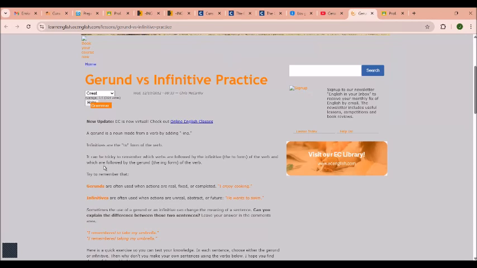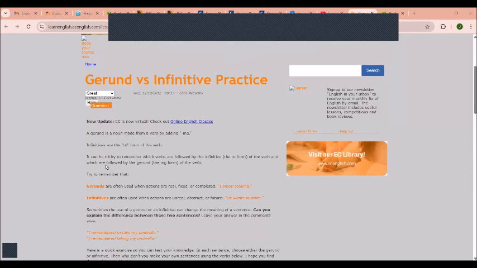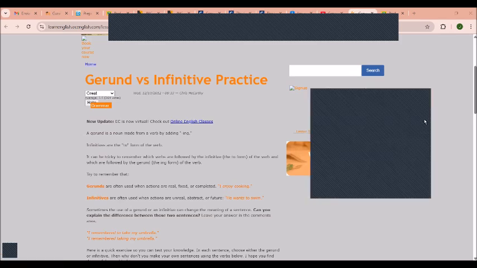That's basically all they are. Gerunds are often used when we want to talk about an action that is real, that is fixed, that's complete. And infinitives are often used when something is more abstract, more in the future, or not so real or it hasn't happened yet. When we're using gerunds and infinitives, we are often paying attention to the main verbs in the sentence.